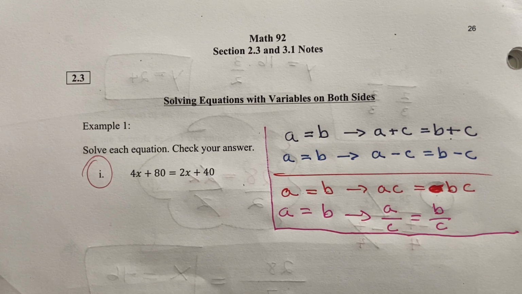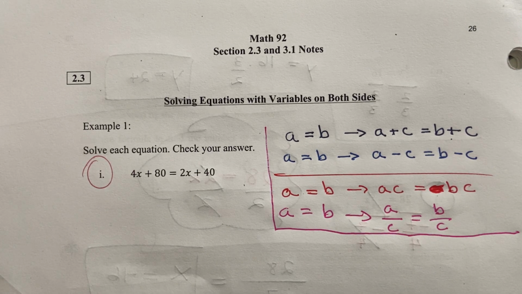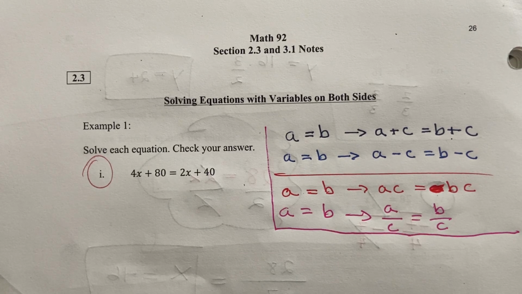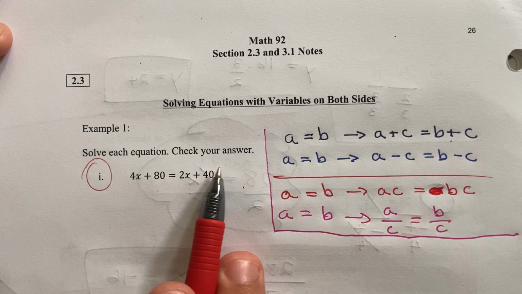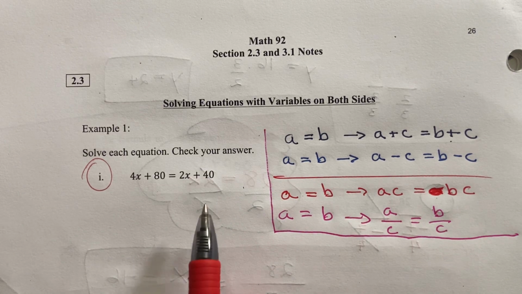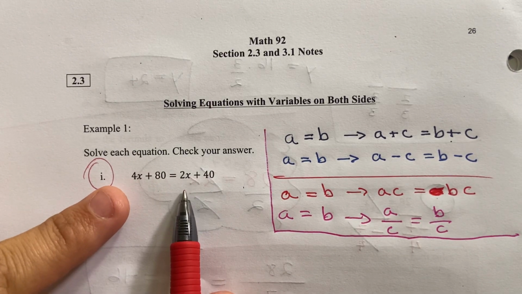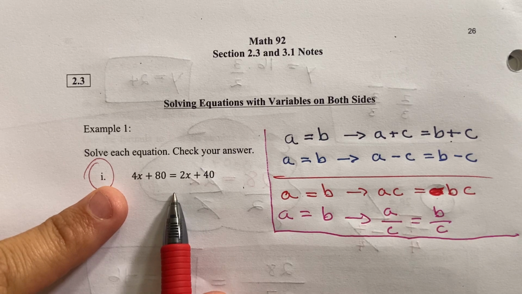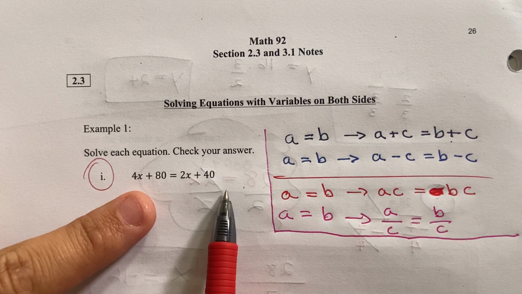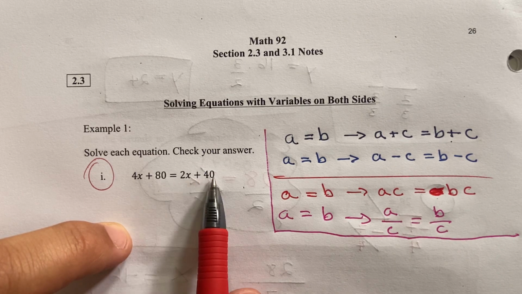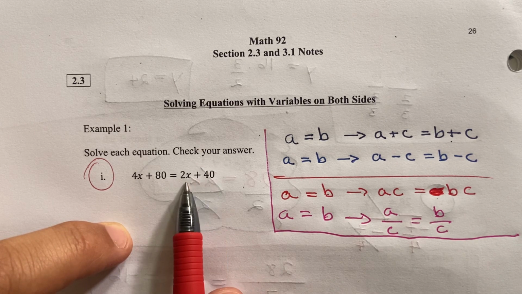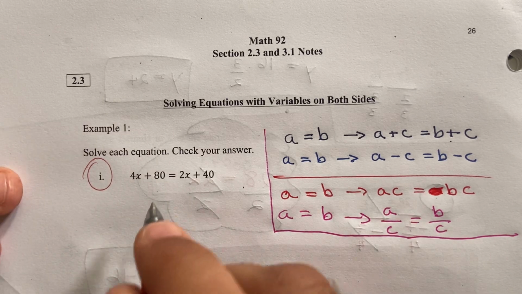These properties allow us to solve equations. So we have a linear equation here, and it says solve each equation, check your answer. So you want to combine like terms, you want to collect all variable terms on one side and all pure number terms on the other. So I'm just going to decide to move all of the pure number terms to the right and all the variable terms to the left.